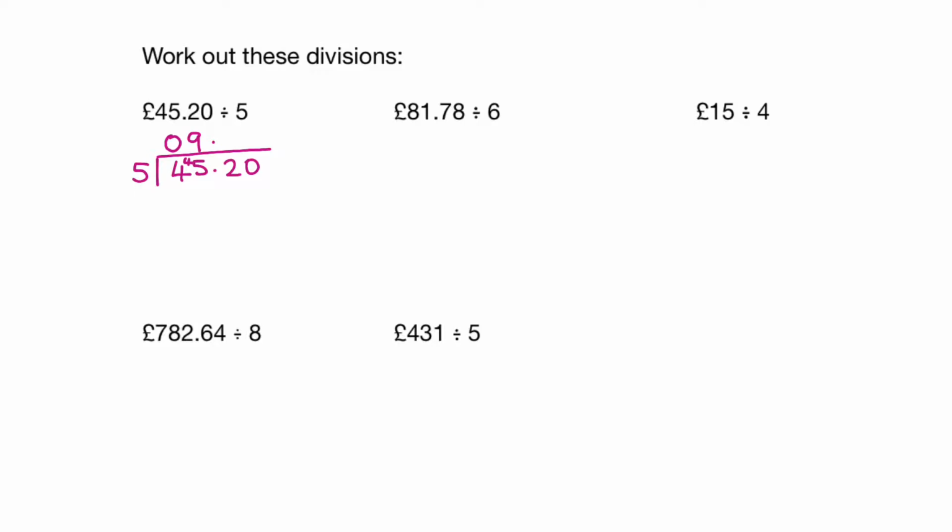How many 5s are in 2? Well, there aren't any 5s in 2, no whole 5s, so that's a 0, and we need to carry that 2. And then how many 5s are in 20? And that is 4. So the answer is £9.04. We don't need to write this 0 in our answer.